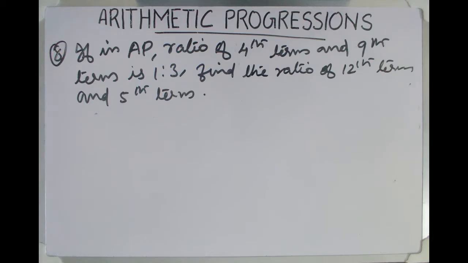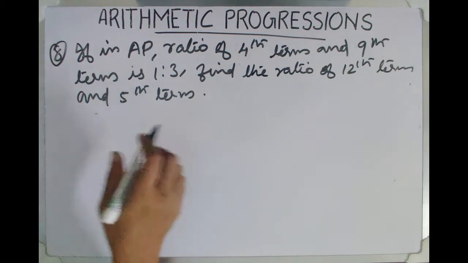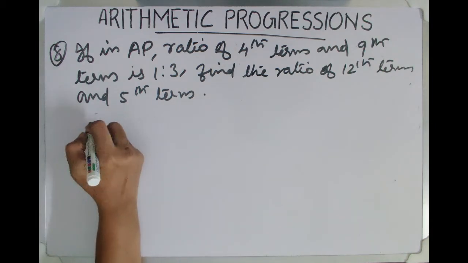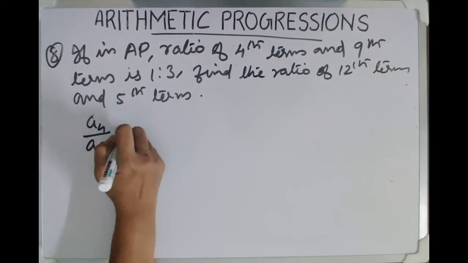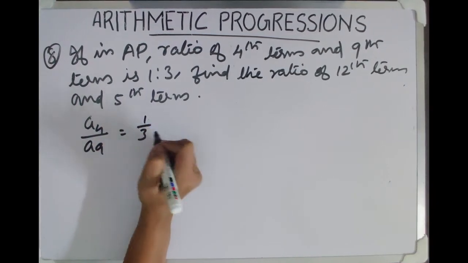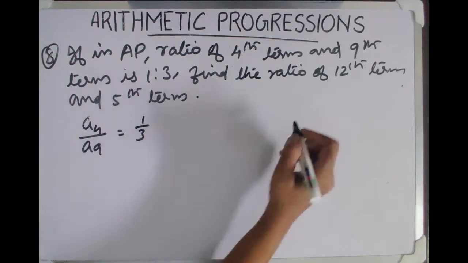Next question. If in an AP the ratio of the fourth term and ninth term is 1:3, find the ratio of the 12th term and fifth term. Given that the ratio of the fourth term and ninth term is 1:3, that is a4 by a9 equals 1 by 3.